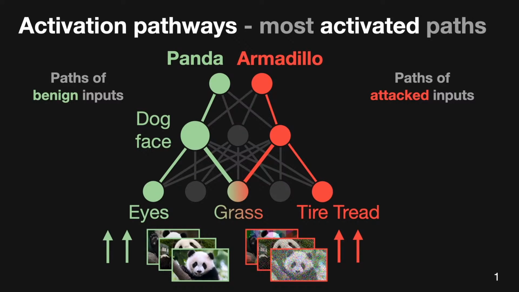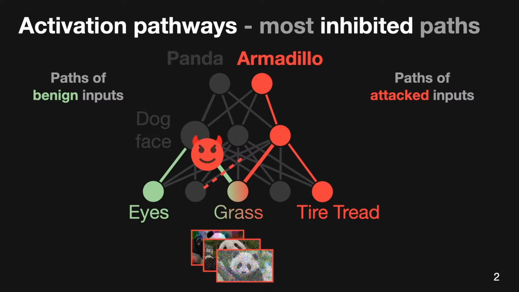To understand how the attacks manipulate the neurons and the paths inside the models, BLUF visualizes the activation pathways of both benign inputs and attacked inputs. That is, BLUF finds and visualizes the most activated pathways given benign and attacked input data.